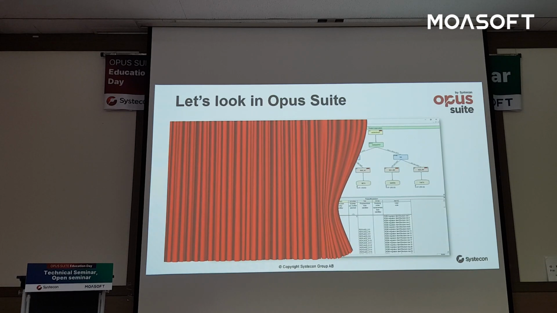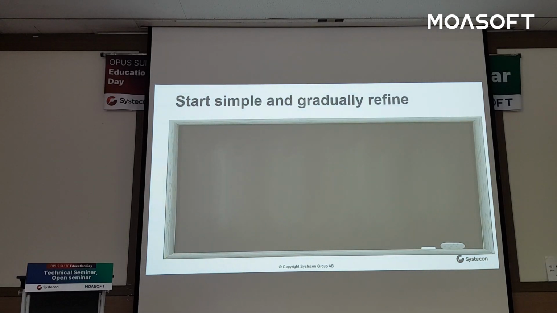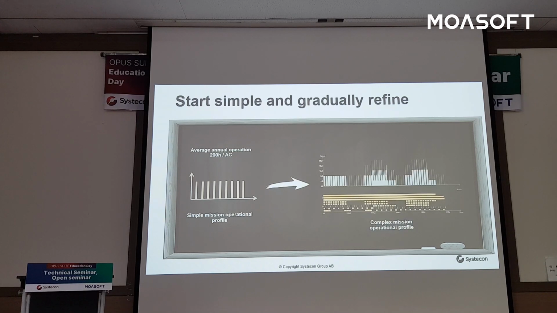Moving on with the presentation. Again, same thing when it comes to the operations, that we can start simple and then gradually define. So there's a very simple basic mission operational profile, but it can be taken into any level of detail when we start working with more detailed data.